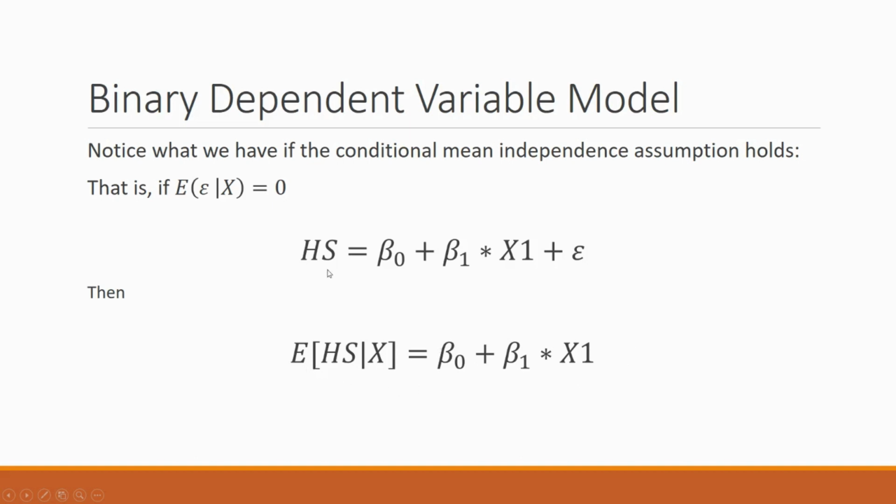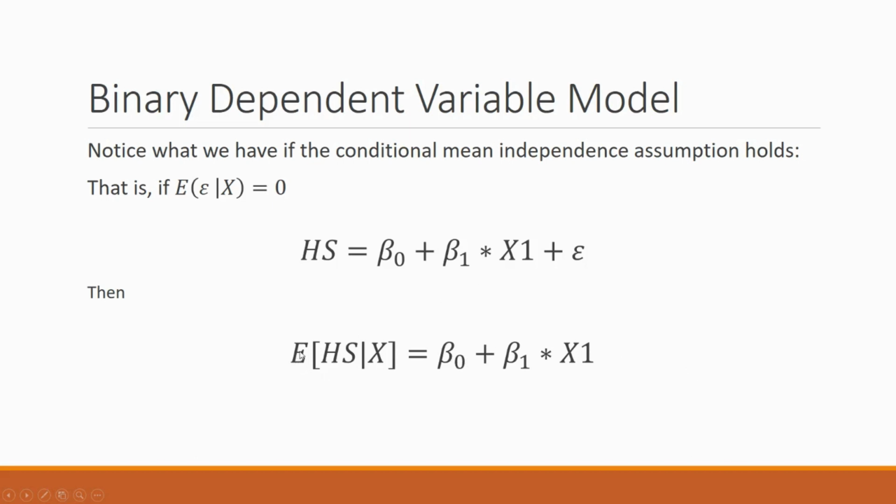So what we're doing is taking the expected value of our regression equation, and what this is saying is that the expected value of the dependent variable is equal to just the linear function of the independent variables. This should remind you of our population regression function from a couple lectures ago.